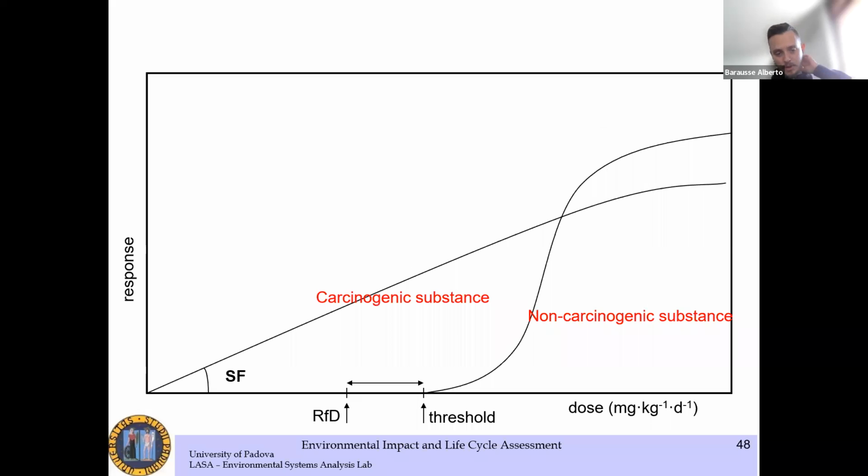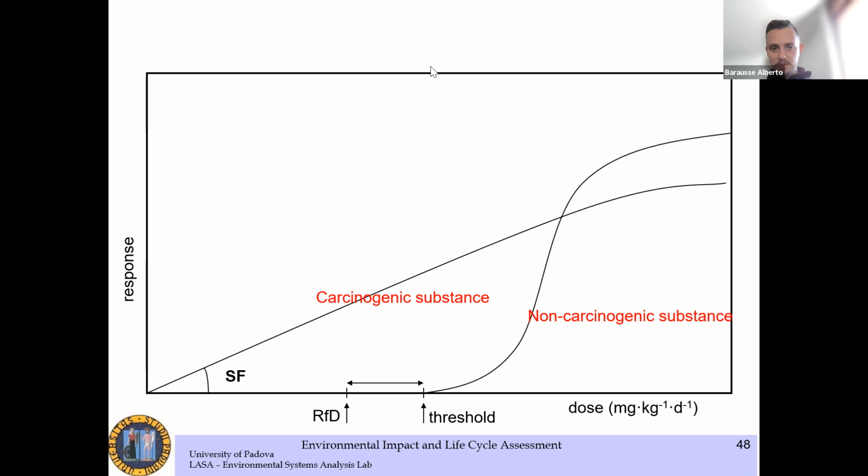This is shown in this plot here. This is the response, so for example, the incremental probability of cancer or the toxicity, the negative effects that you can have, for example, cancer on your population. And this is the dose of contaminant your target population comes into contact with, on the abscissa.